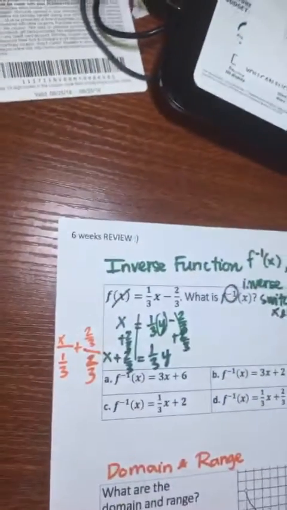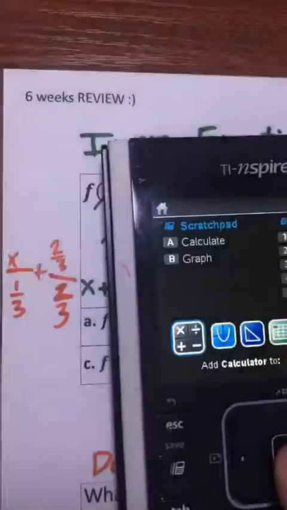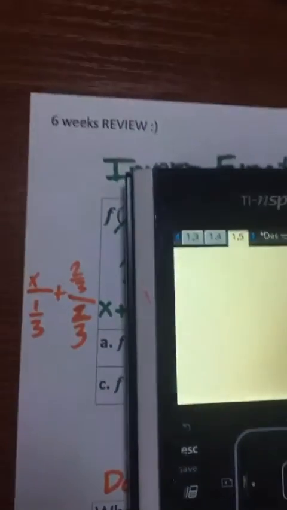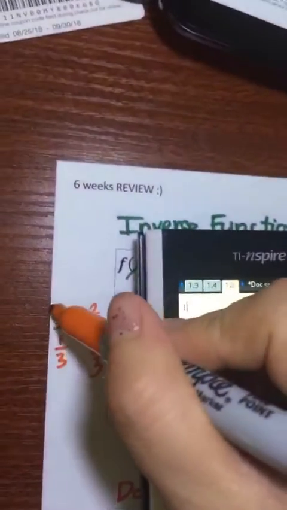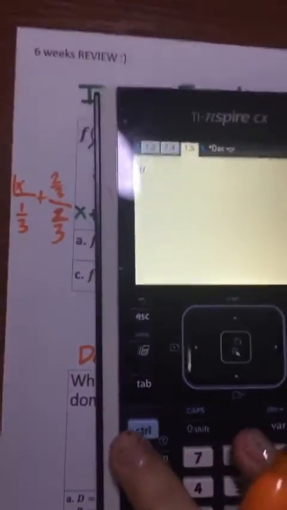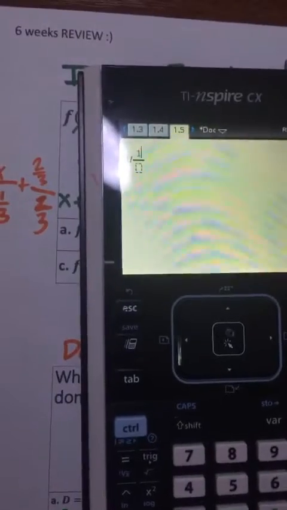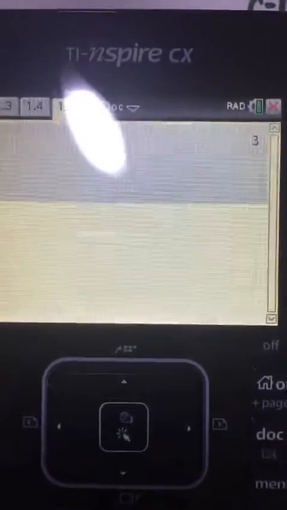The x right now doesn't have any number, but when you put it in, you're gonna put 1, which is the coefficient, over 1 over 3. To avoid mistakes, you're gonna hit divide, and then you type in the fraction 1 over 3. Press enter when you're done. You're gonna have 3.